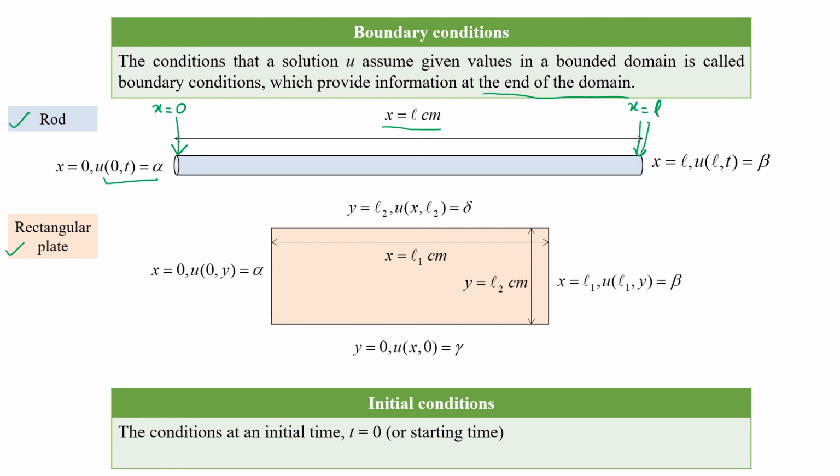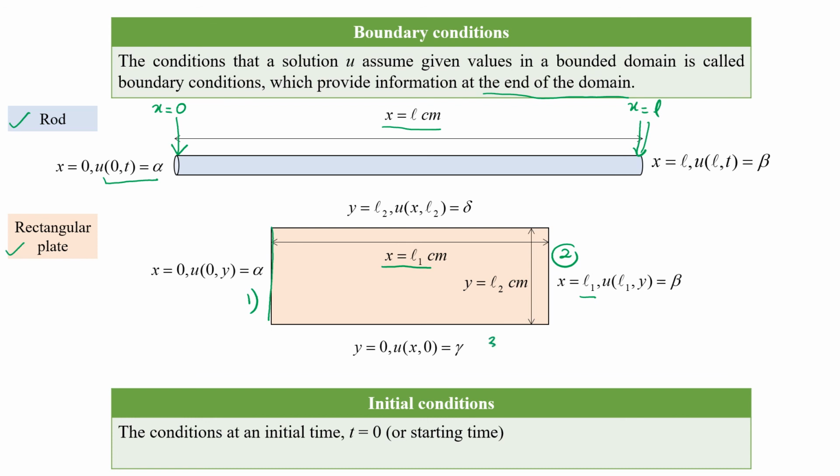So for a rod, we have two boundary conditions. Now we look at the rectangular plate. For a rectangular plate, we will have four domains. The first one is when x is equal to 0. The second one is when x is equal to L1, because the length of x is L1 cm, so we can write x equals L1.